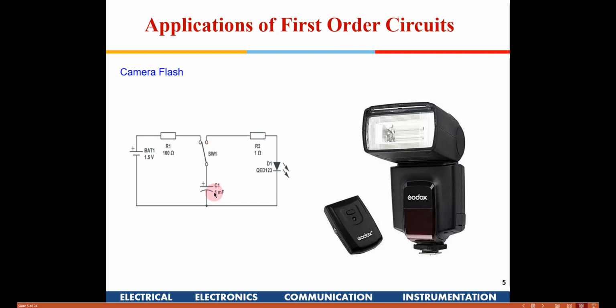Whatever charge is accumulated in the capacitor will drive this flashlight. The advantage here is that the capacitor has a very negligible internal resistance, and it is in a position to provide large current without getting heated up, unlike a battery. So this is also one of the first order circuit applications.